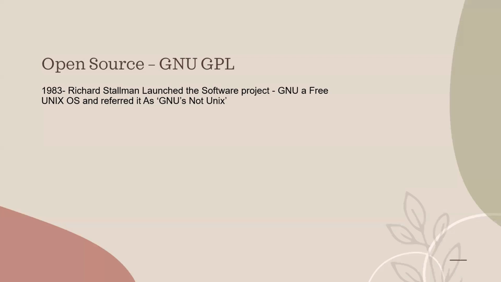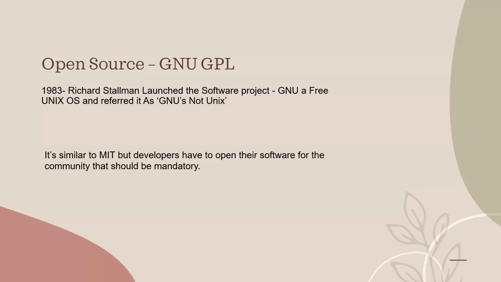Earlier, the Unix operating system was initially launched with proprietary rights, so people had to pay money to buy the license of Unix. But after Richard Stallman launched the GNU based operating system, it was open source. People didn't have any obligation to use it. There was still a constraint.